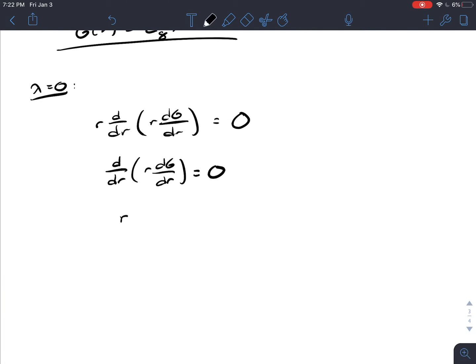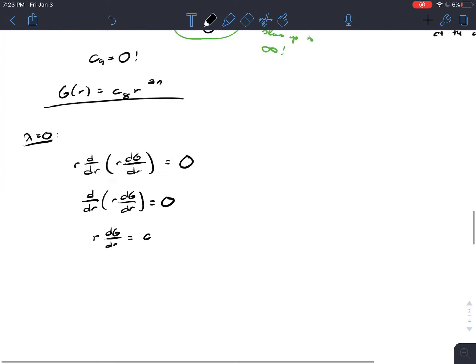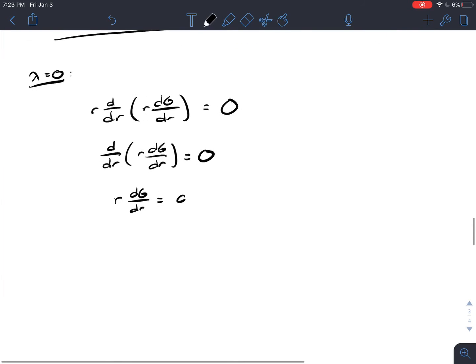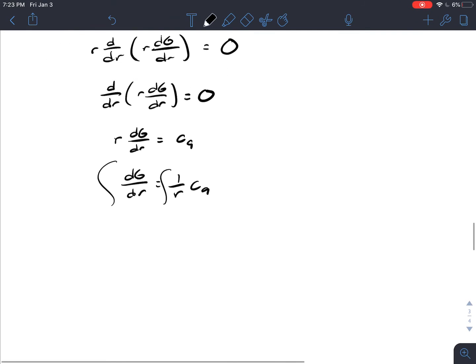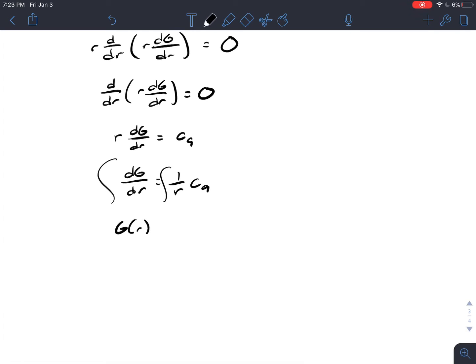So now let's take the integral of both sides with respect to r, and that leaves us with this relationship right here. Since we're taking an indefinite integral, we're going to have this random constant. I think this would be C9 now. C9, yes. Wow, a lot of constants. Divide both sides by r, and then integrate once again with respect to r.